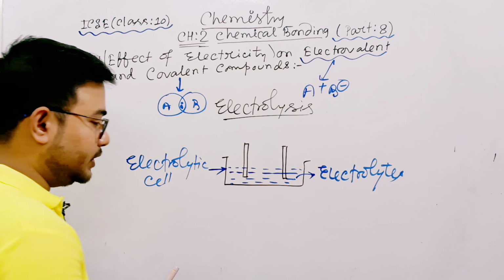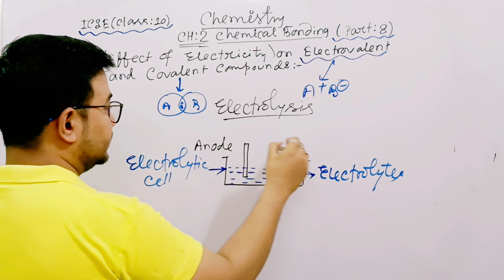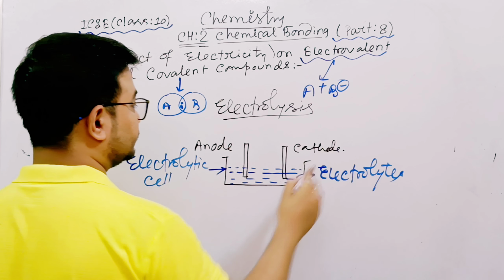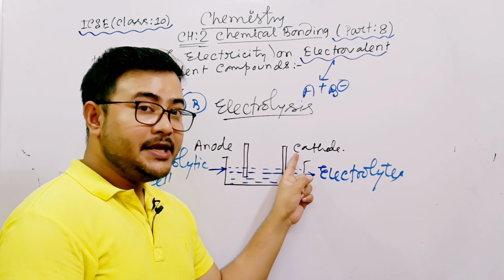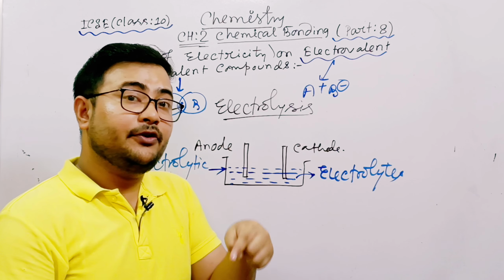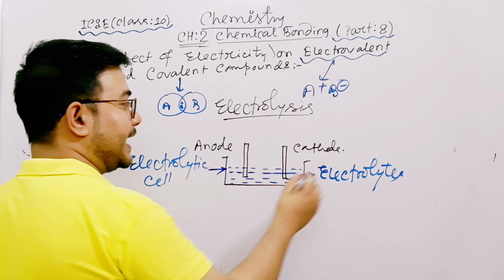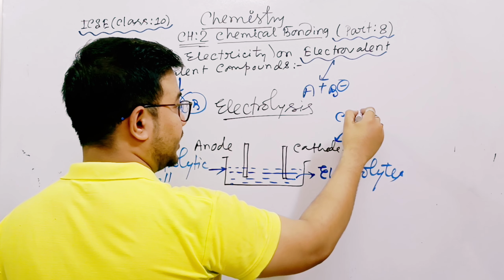So look at the board. Suppose let it be anode, and this cathode. Okay, tell me, C for cathode, C for cation. So keep in your mind, cation always tries to move to the cathode.